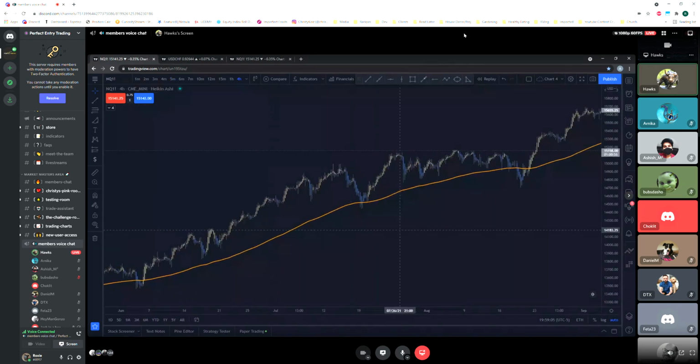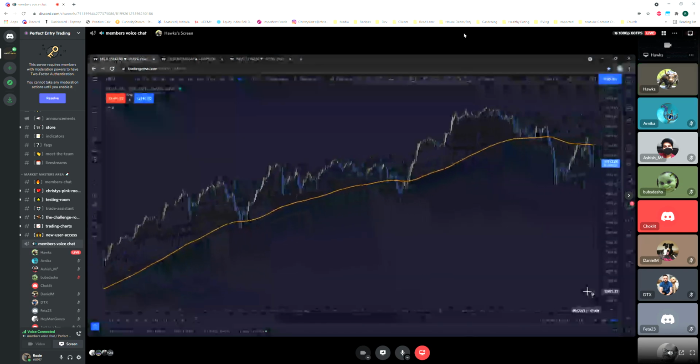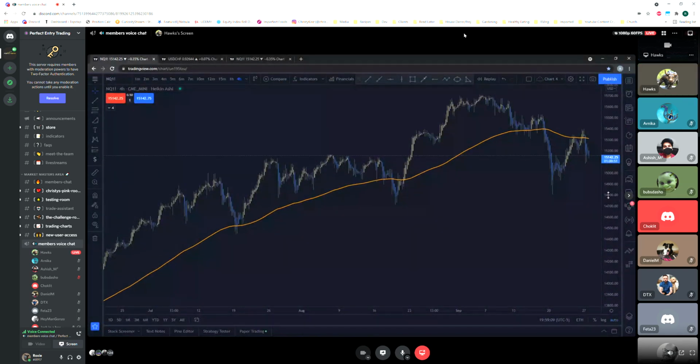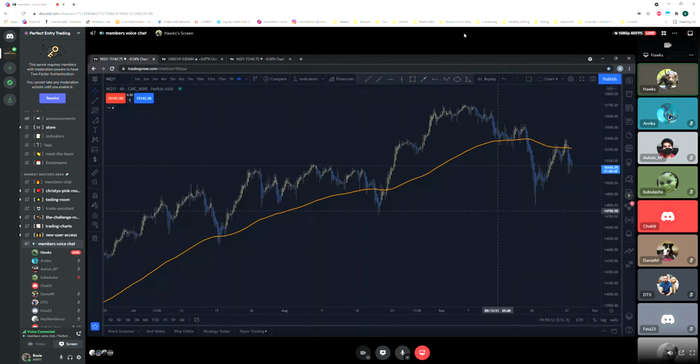We'll start at the end right here. And I urge everybody to practice this. Let's say the morning opening candle was about to start and you're getting up and you want to start setting your chart.